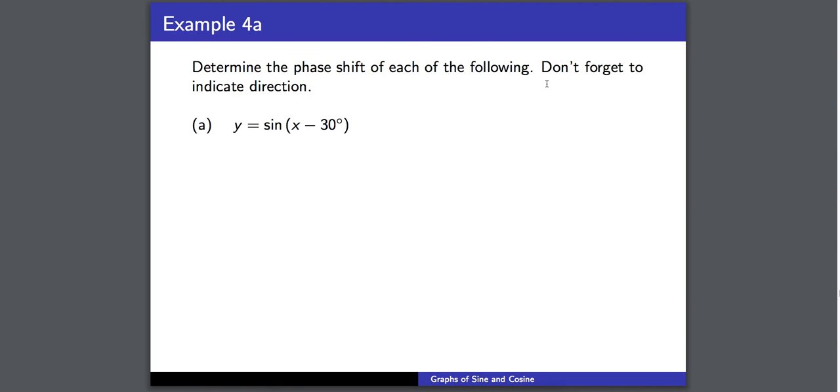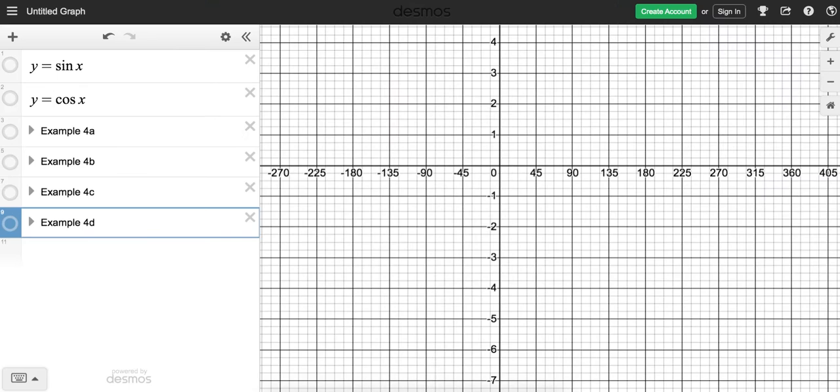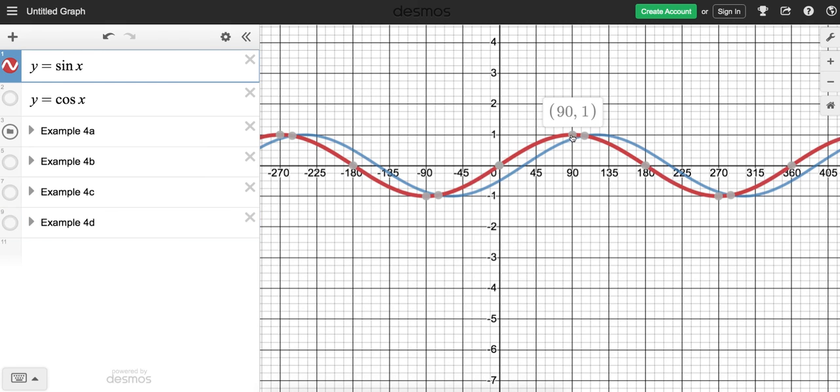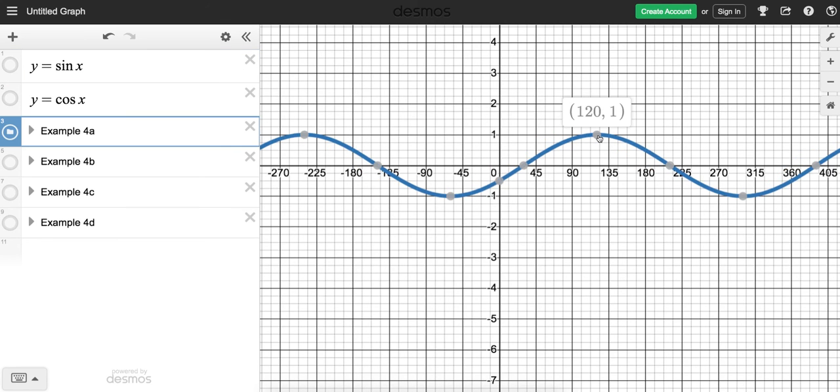Alright, so determine the phase shift for each of the following. Don't forget to indicate direction. So we're going to start with y equals sine of x minus 30 degrees. And notice the minus 30 is inside parentheses, which means we have a phase shift on our hands. So here's sine of x, and then here's sine of x minus 30 degrees. So notice we had a maximum value at 90 degrees for the red graph originally, and if we look at the blue graph, now it's at 120.